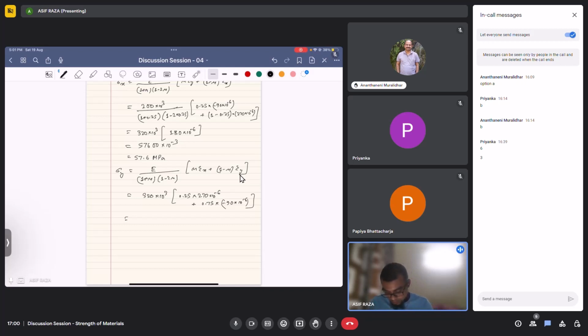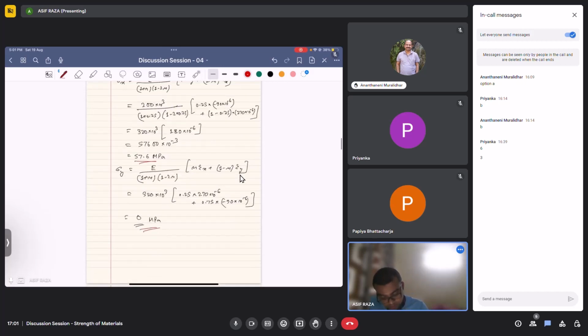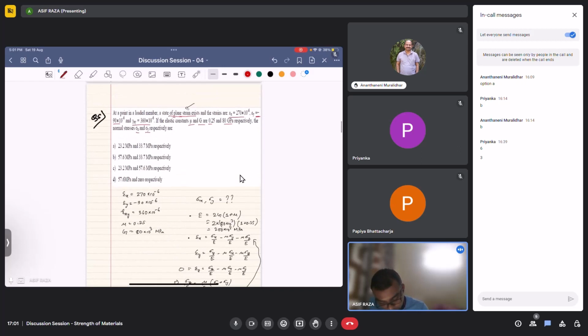So 0.25 into 270 minus 90 into 0.75 is equal to 0 MPa. So sigma x is 57.6, sigma y is 0. Correct answer is option D.